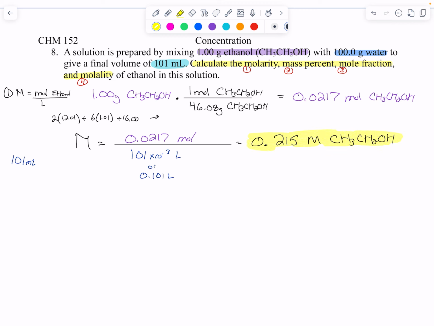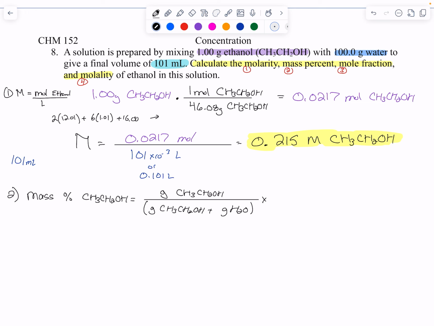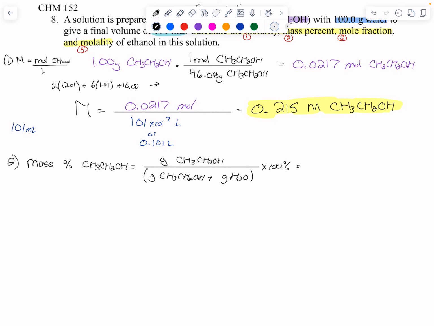All right, number 2. Moving on. What are we looking for? Mass percent. So the mass percent of CH3CH2OH, what is that? That's going to be our grams of CH3CH2OH, ethanol, over grams of ethanol and grams of water, times 100%.